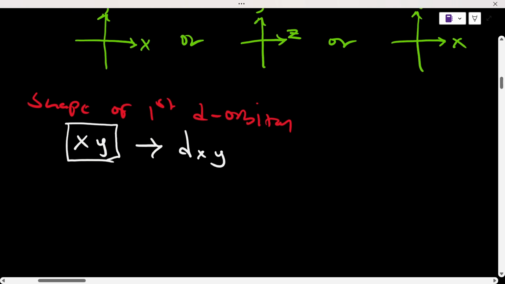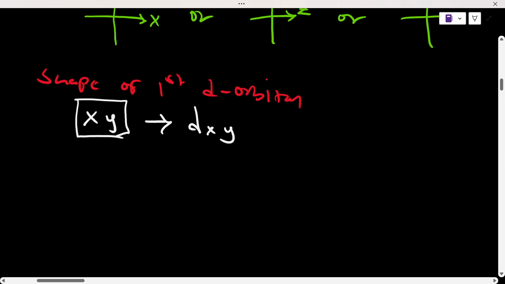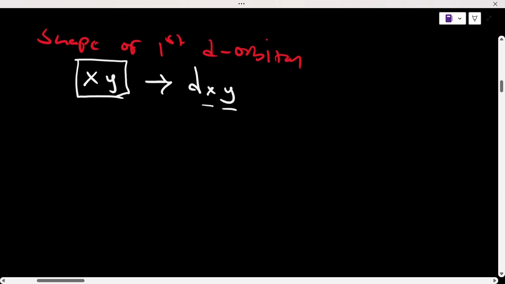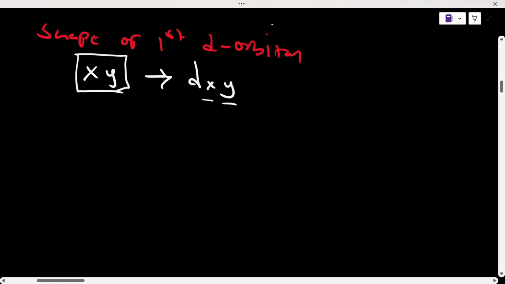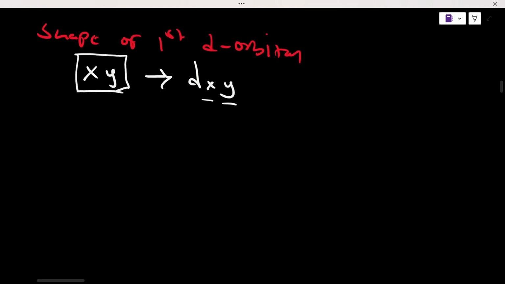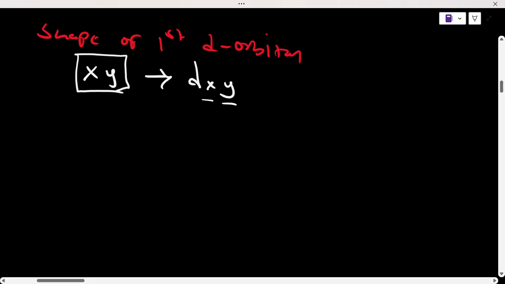So meaning the axes I'm going to use are only the x and y axes. So when drawing, I simply come and draw the x and y axes. I'm going to draw it that way and that way. So it must be x, this side is y.